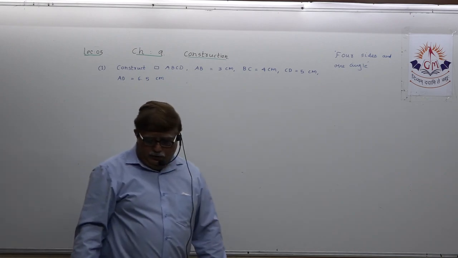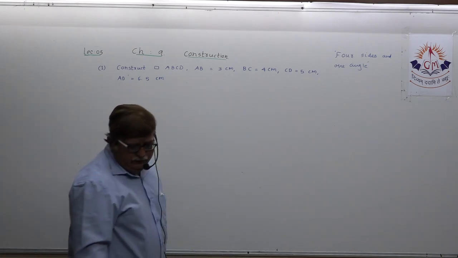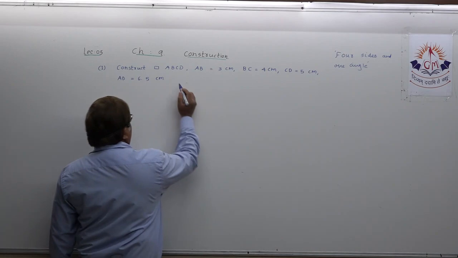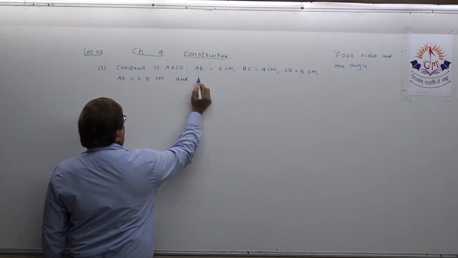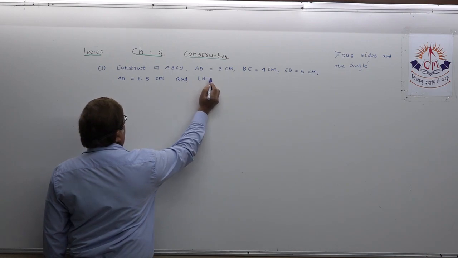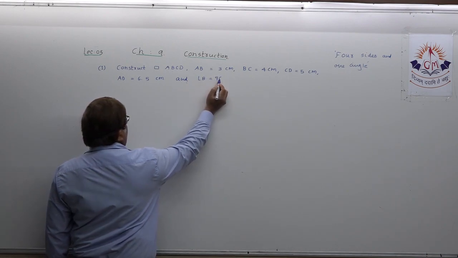So in the quadrilateral ABCD, 4 sides are given, and angle B equals 90 degree.